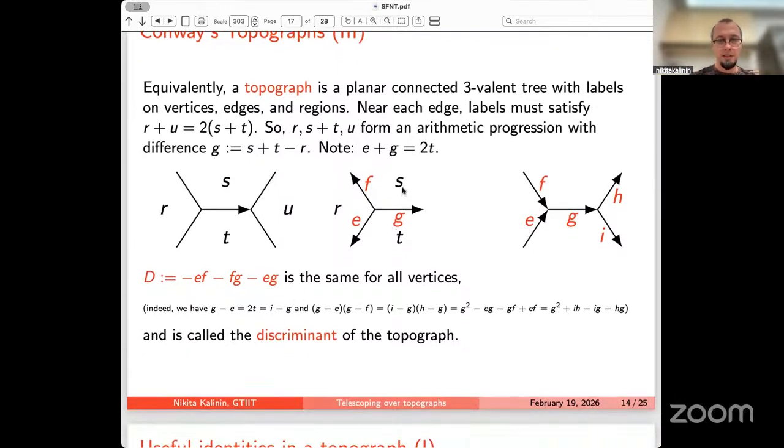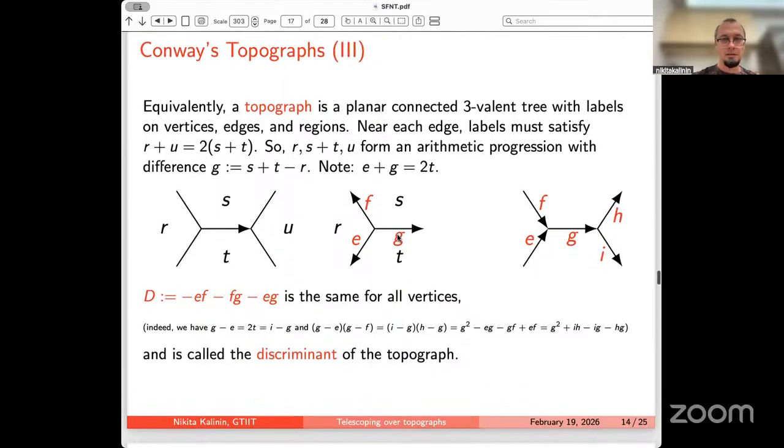You may start with R, S, T, or instead you can define just values on these three edges, and from this you can find also R, S, T and everything. And then you can check explicitly that if you define D, the discriminant of the topograph, using this equality, then it will be the same for all vertices.